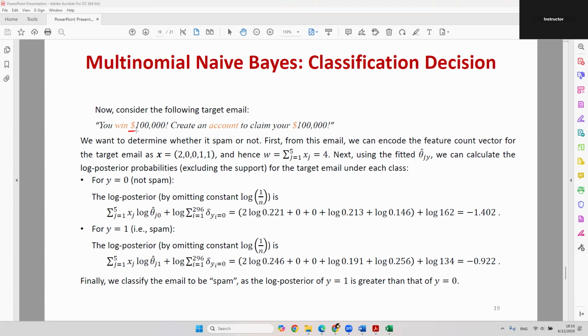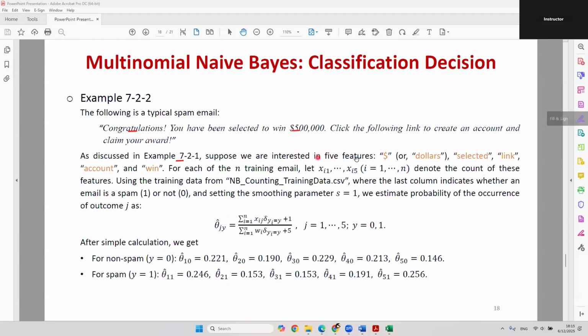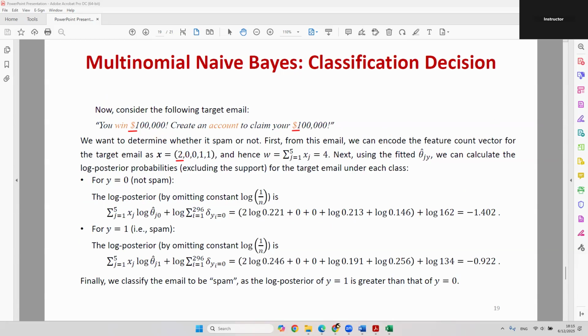Dollars appears one time, then another, hence dollars is 2. Selected: we don't have selected, so selected is 0. Does it have link?